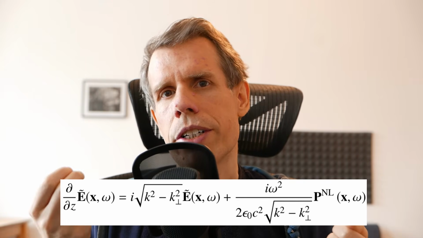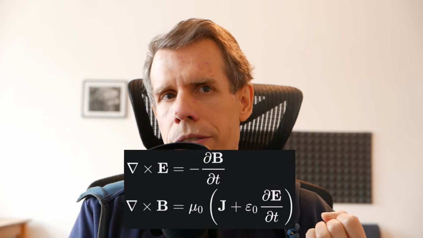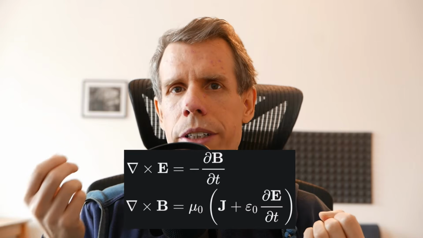It's efficient. One thing that it doesn't get right is reflections. If you have significant reflections at the front or back surface of the crystal, you might have to take some precautions about this. But if you want to include nonlinear reflections intrinsically, you should use a different propagation mode, which is finite difference time domain propagation, or FDTD.